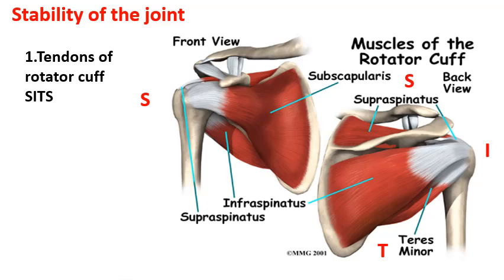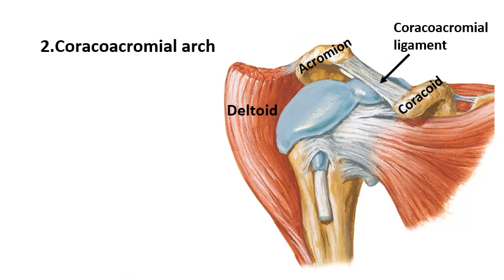So this is the main factor for the stability of the shoulder joint, the tendons of the rotator cuff, which are the SITS muscles. The second factor for the stability of the shoulder joint is the coracoacromial arch. We said before, this arch is formed of the coracoid, the acromion, and in between a ligament, which is called the coracoacromial ligament.